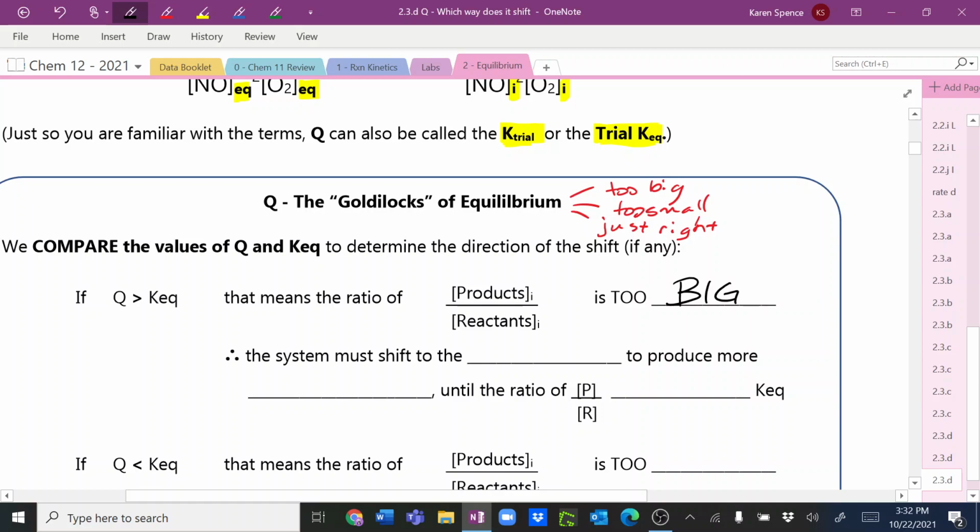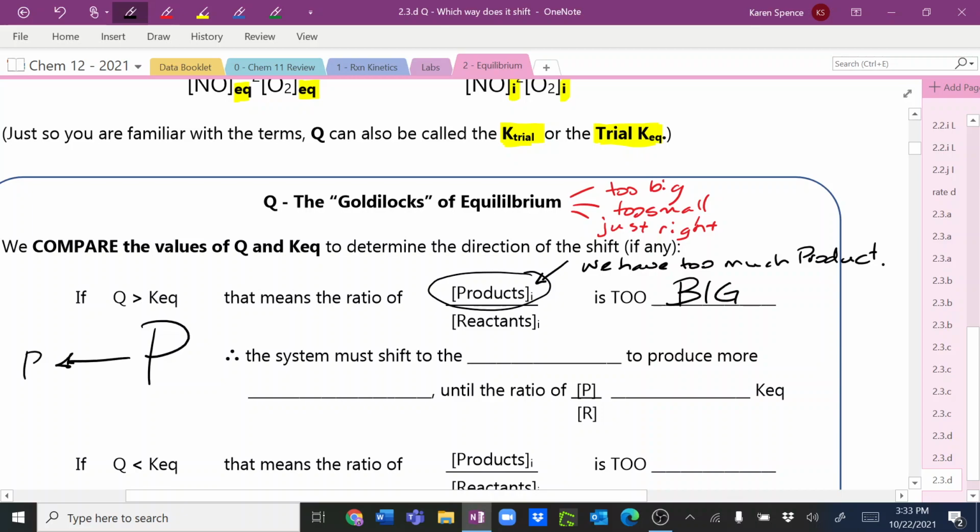And if it's too big, that means we have too much product, because the numerator has to be a too big number. And if we have too much product, we are going to have to shift to the reactant side to get rid of some of that product.